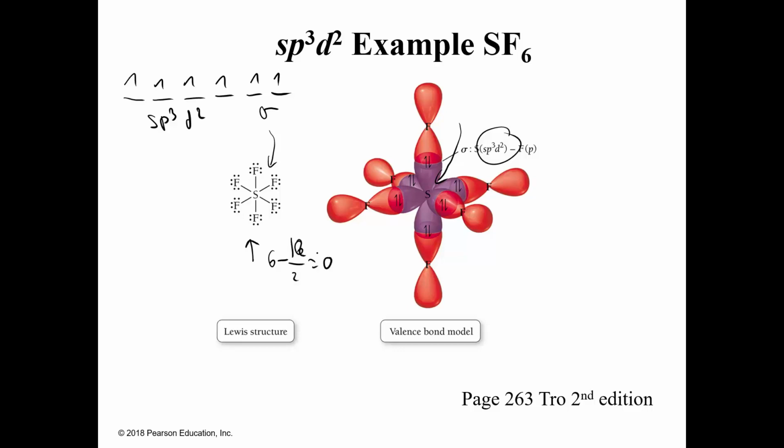So that's 0, which means we do have the 6 electrons that go in there. I'll give you an example later on where you have to pay attention to the charge and you subtract or add an electron, right? So if you had a formal charge of -1, you would add an electron to that. If you had a formal charge of +1, you would subtract an electron from your hybridization in your valence bond model.